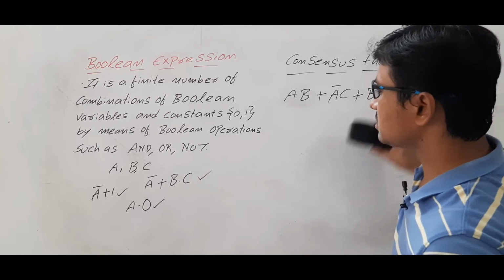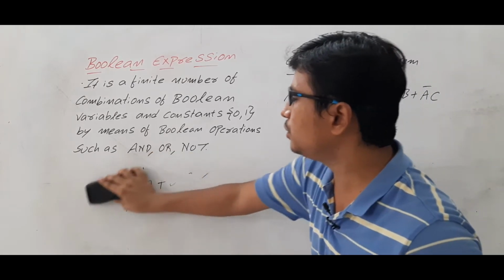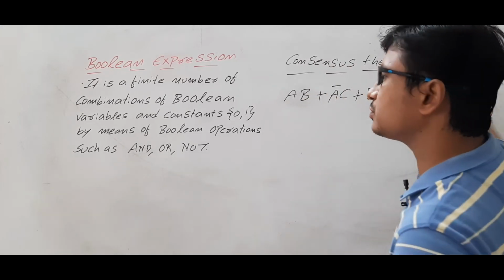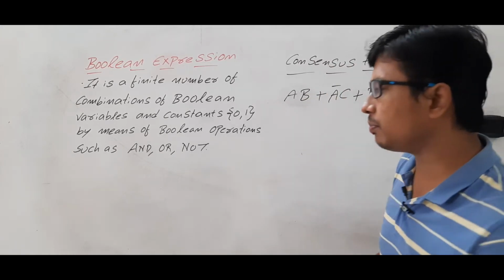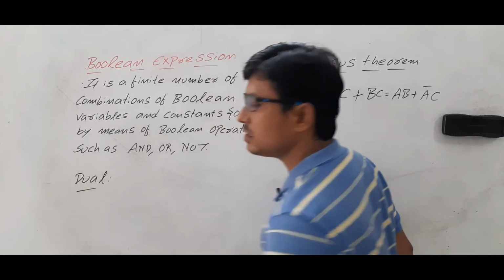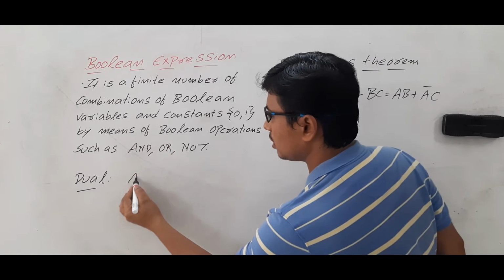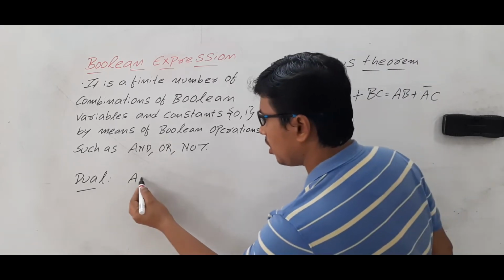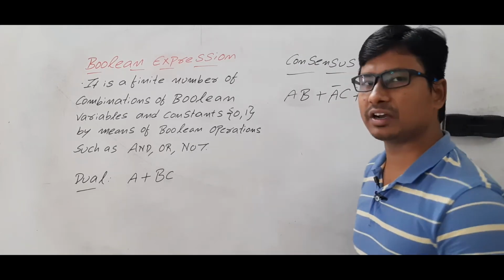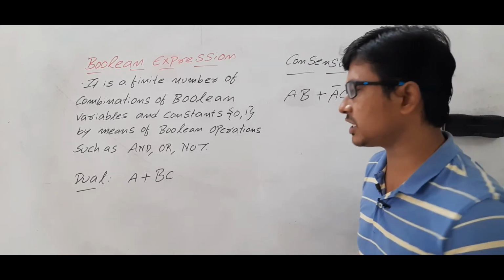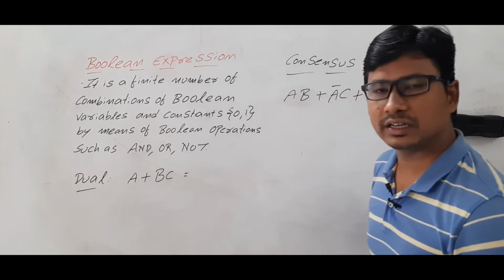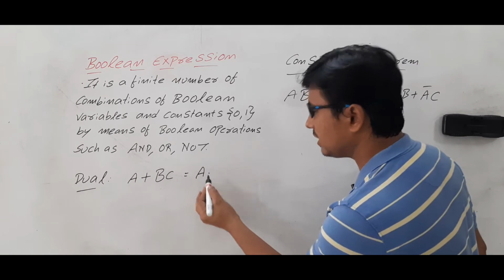Now we will discuss the dual of a Boolean expression, and how to compute it. A lot of people confuse the dual and the complement, so first let me discuss the dual. Suppose you have an expression A or B C. If someone asks you to find the dual of this expression, wherever the OR is there, you make it AND.